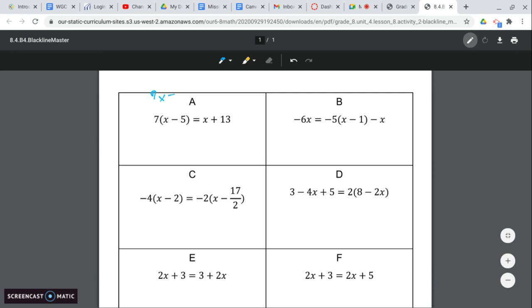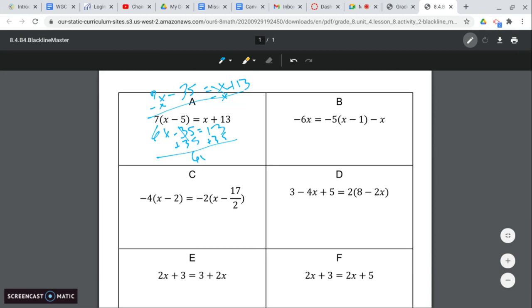7x minus 7 times 5 is 35, equals x plus 13. Subtract our x. So we end up with 6x minus 35 equals 13. We're going to add the 35 to both sides.